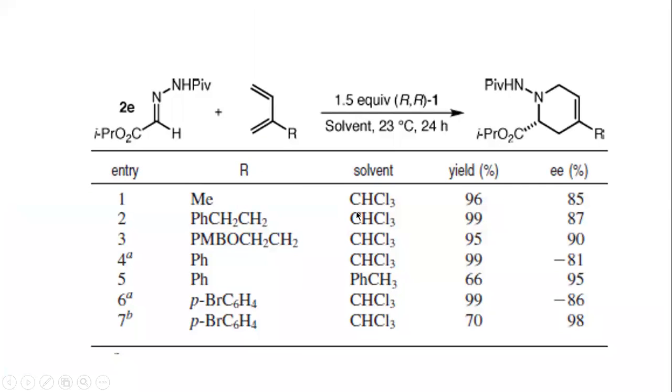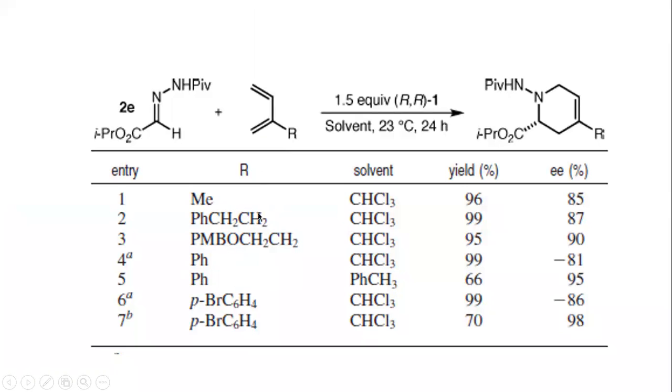And this is just a scope of reaction in toluene or in chloroform. Either one of those solvents were used, and then we have where the R group here is a methyl. It can be a chain, right? It can be an ether, which is right here.